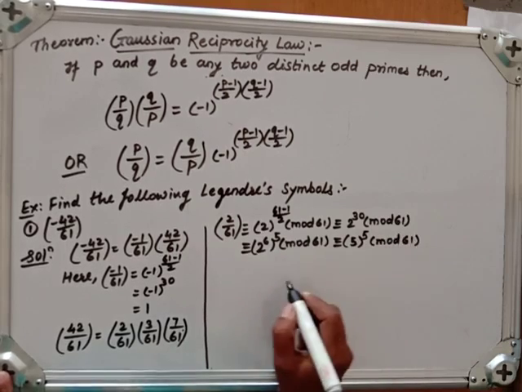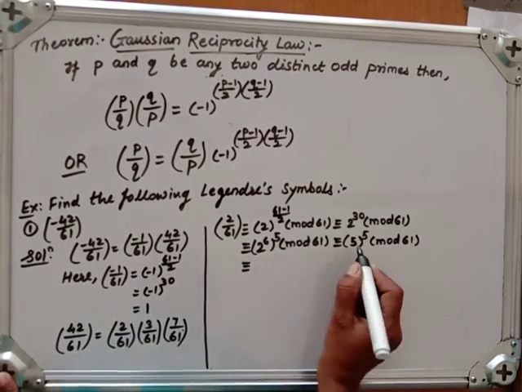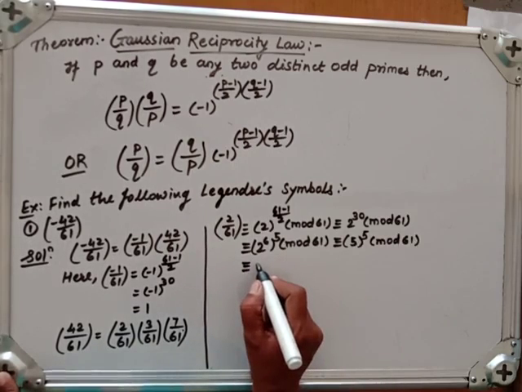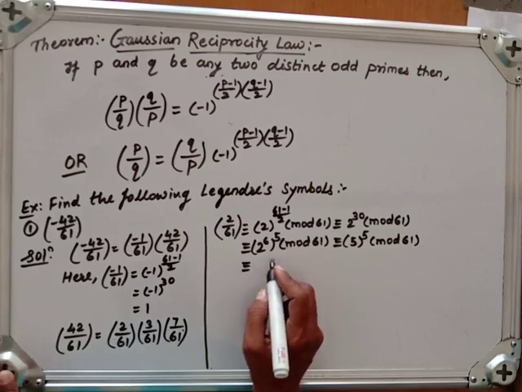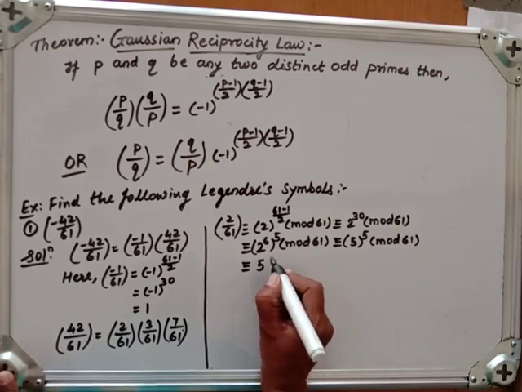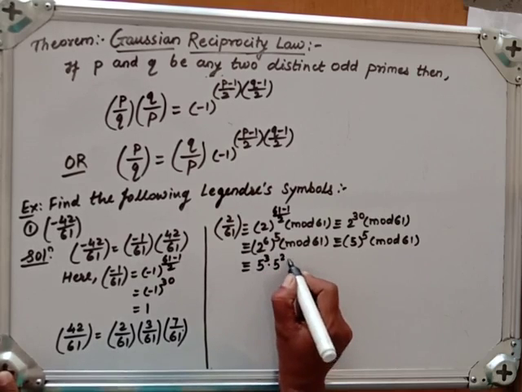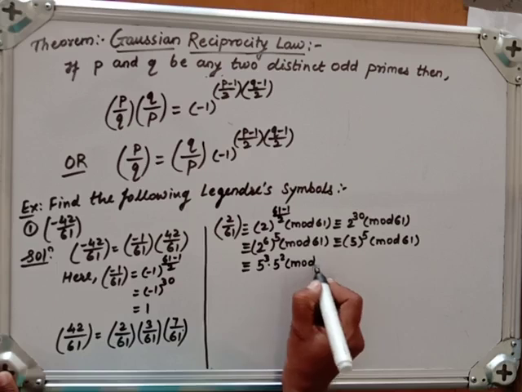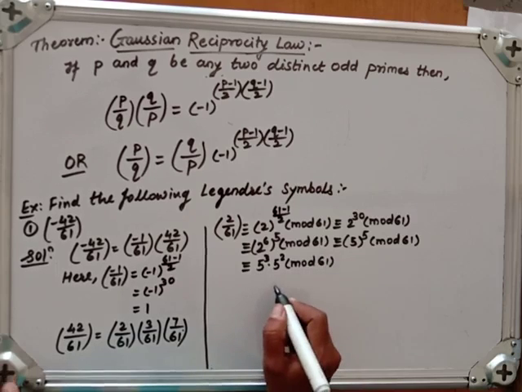Now 5 to the 5 is 5 cube times 5 square modulo 61.